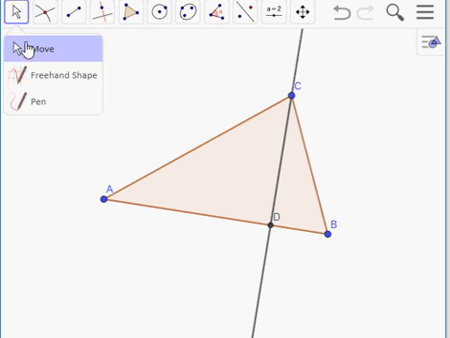Now, the reason that we say that it may have to be an extended side is this. In this case, we have an acute triangle, and the altitude fits neatly inside the triangle.